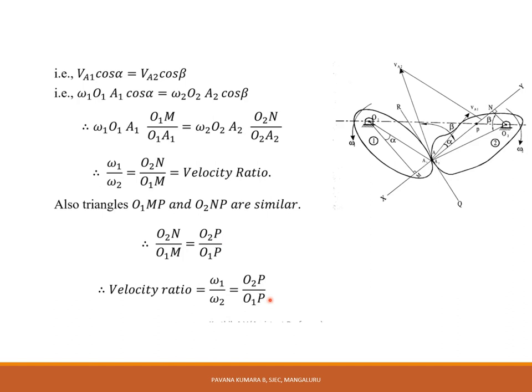So from this expression we can state the law of gearing: for a constant angular velocity ratio, omega 1 divided by omega 2, of two gears, the first gear as well as the second gear, the common normal at the point of contact of two meshing teeth must pass through a fixed point on the line joining the centers of rotation.